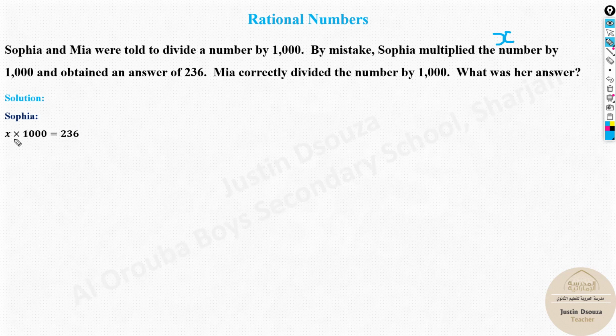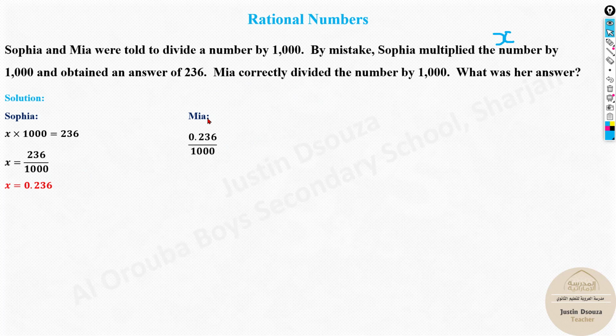So just rearrange this, divide by 1,000 and get the original number. Take 1,000 to the other side. x will be equal to 0.236. So this is the given number. This number had to be divided by 1,000 and that would be the original answer.